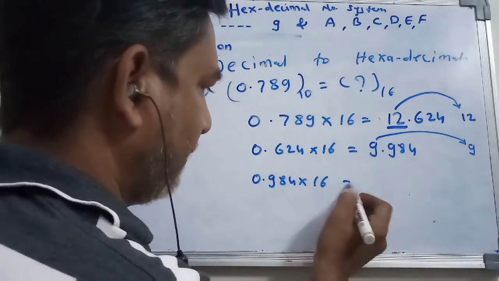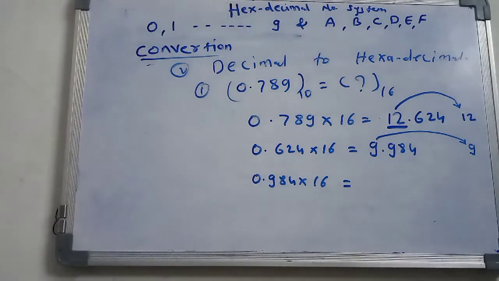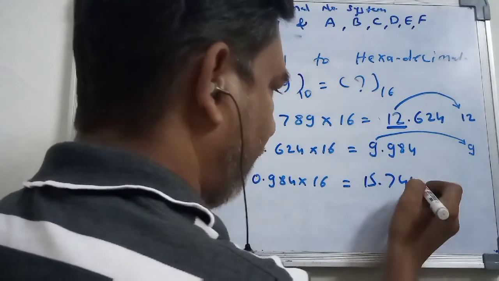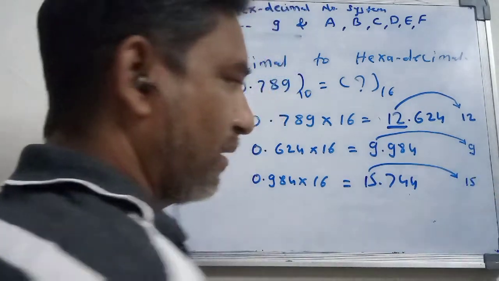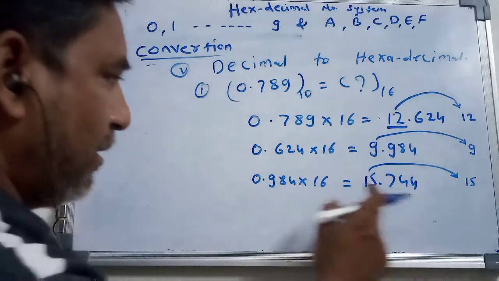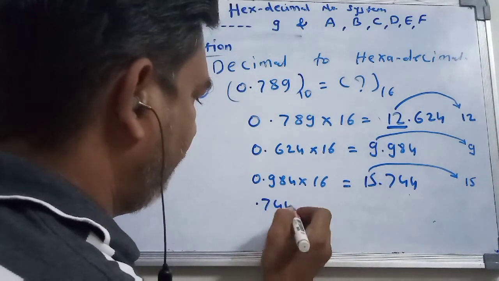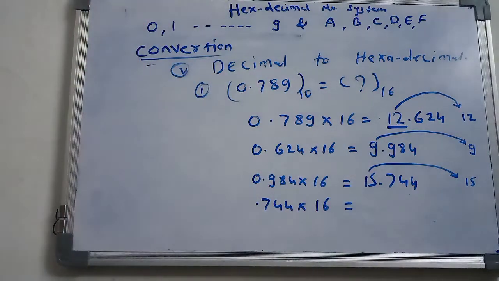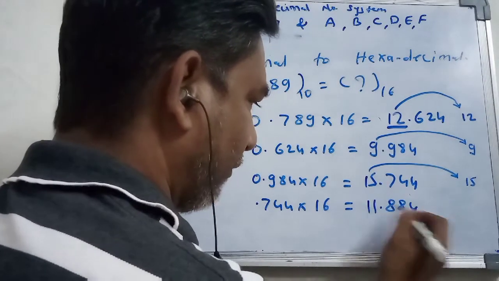0.984 multiplied by 16 gives 15.744. Again, this 15 has to be taken outside. What remains? 0.744. So 0.744 multiplied by 16 gives 11.884.